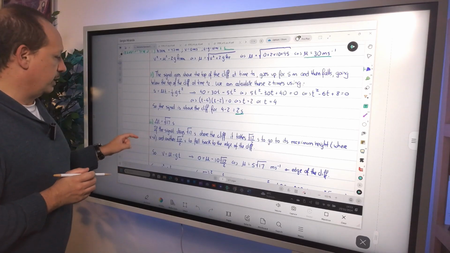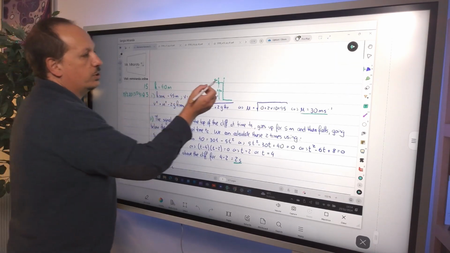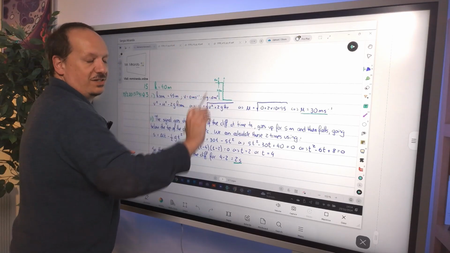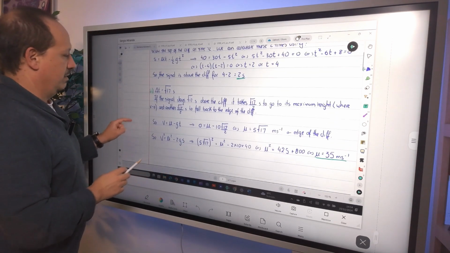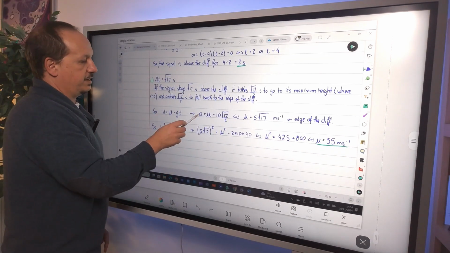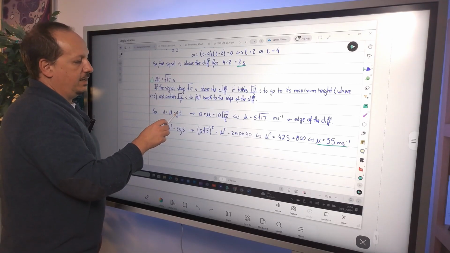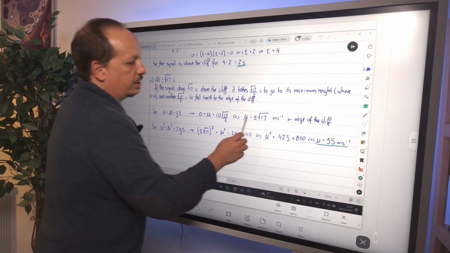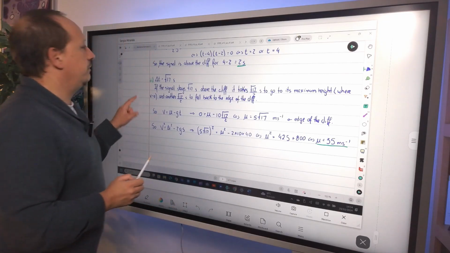So you can use this equation to calculate the speed at which the flare is over there when it appears here on the edge of the cliff. So this is 0. This is what you want. This is minus 10. The time is square root of 17 over 2. Work it out, and this is the speed at the edge of the cliff.